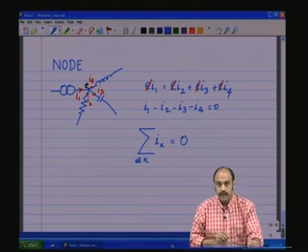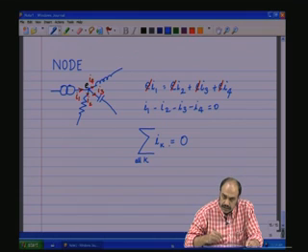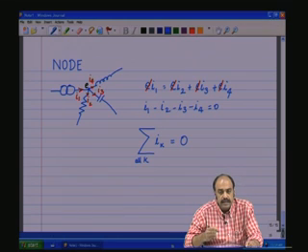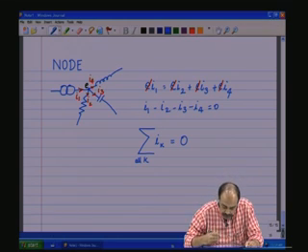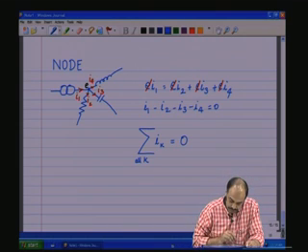This means that the algebraic summation of all the currents at the node is always equal to 0. Only then there is no accumulation of charge at the node, and we know that there is no accumulation of charge at the node due to conservation of energy principles.